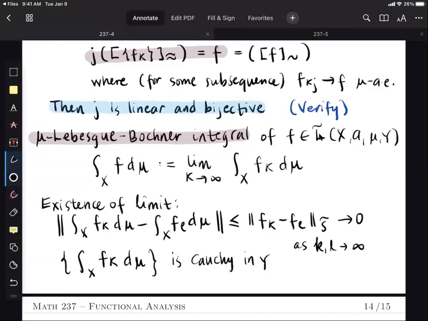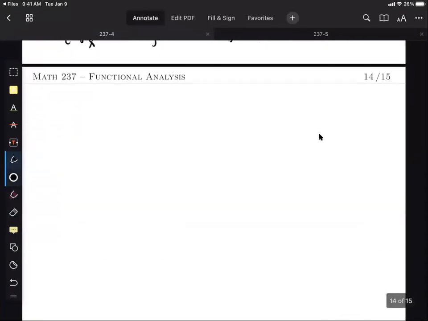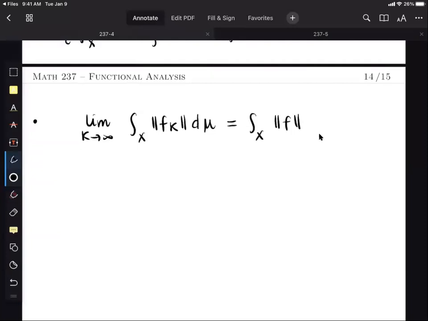In a similar way, one can show that the limit as k goes to infinity of the integral of the norm tends to the integral of the norm of the limit, which is f.